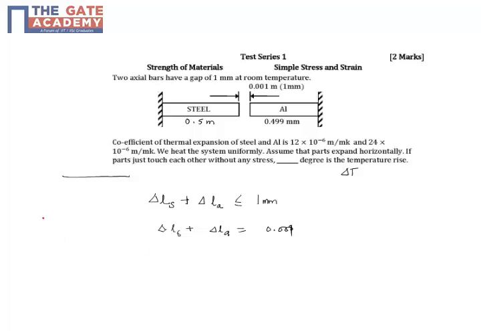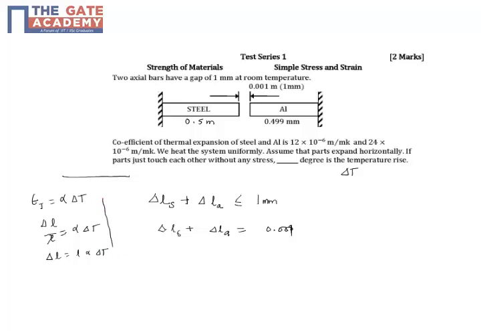Now the thermal strain is alpha delta T, and the thermal strain is delta L by L, so delta L is L alpha delta T.